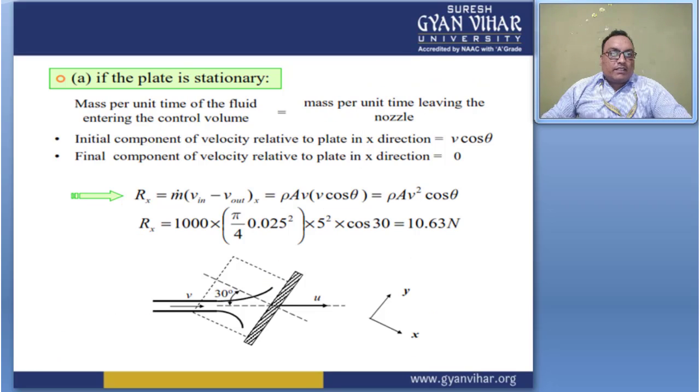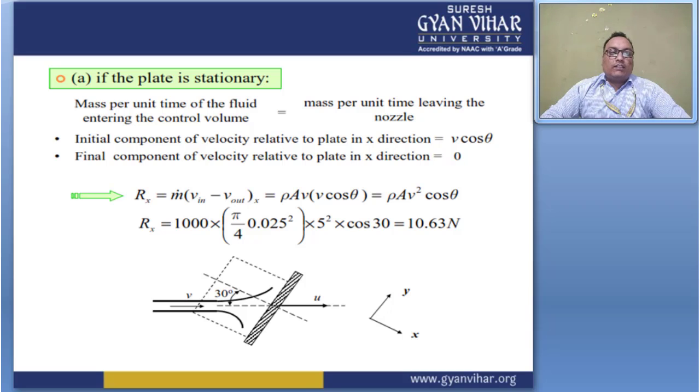For the first case, if the plate is stationary, then the mass per unit time of the fluid entering the control volume is equal to the mass per unit time leaving the nozzle. The initial component of velocity relative to the plate in the x direction is v cos theta, and the final component of velocity relative to the plate in the x direction is 0.